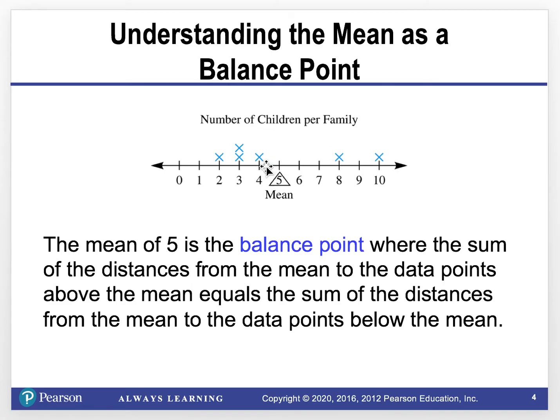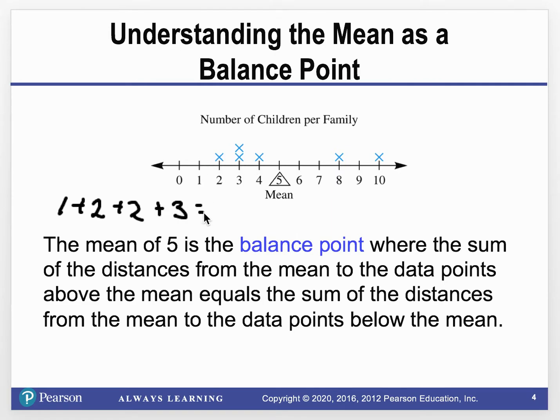The 4 is 1 unit away from 5. Then there's a 3, which is 2 units away. There's another 3. And then there's a 2, which is 3 units away from 5.